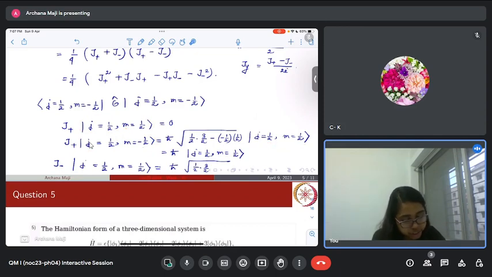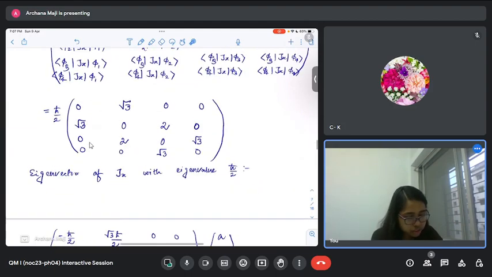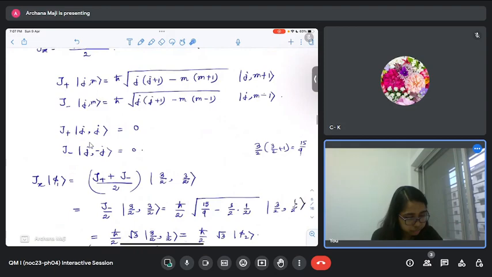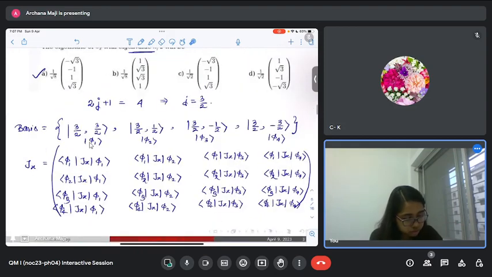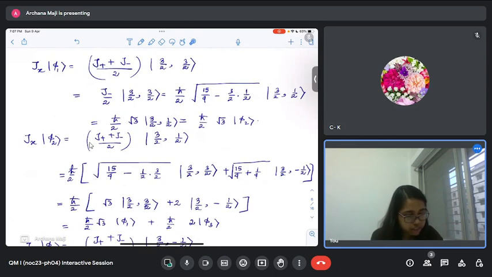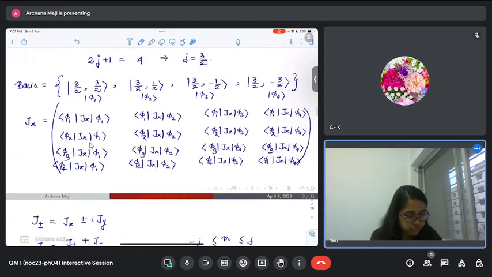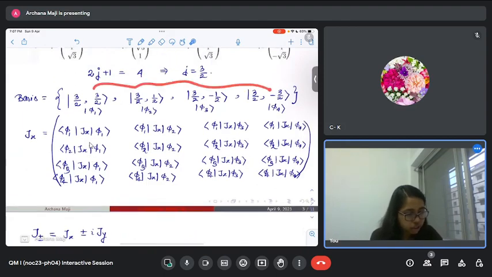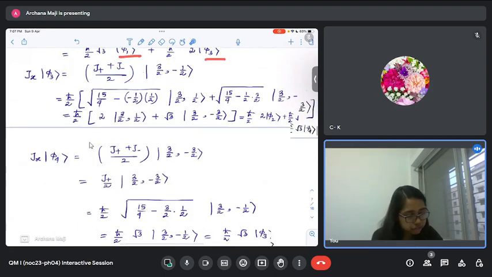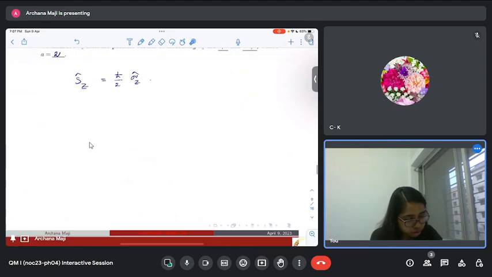And if it was 3 by 2, just like before for problem 2, j plus was taking us between those four basis states. So j plus acting on this state gave us phi 2, which was another basis state, and so on. This was a linear combination of phi 1, phi 3, phi 2, phi 4, and phi 3, and so on.